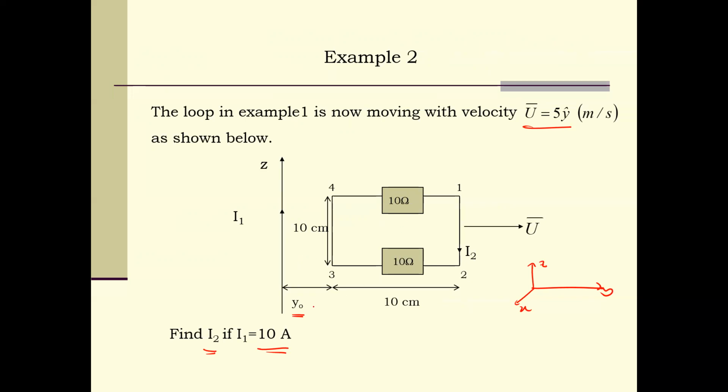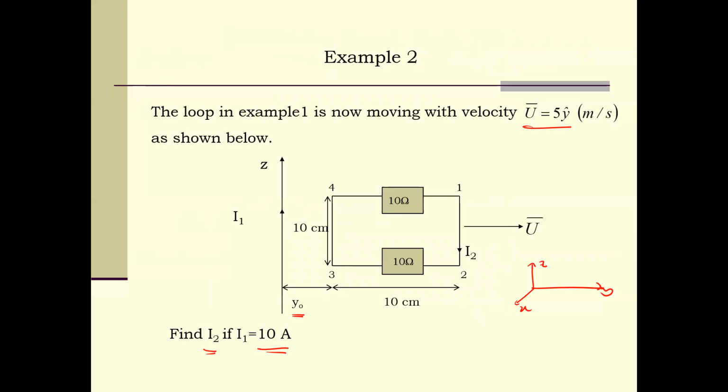So for motional EMF, we have seen previously that the EMF can be calculated based on the equation of U cross B dot dl. This will be the equation that shall be applied.